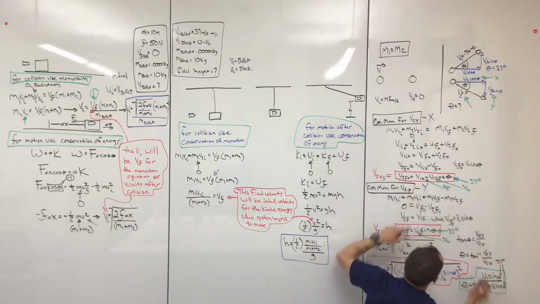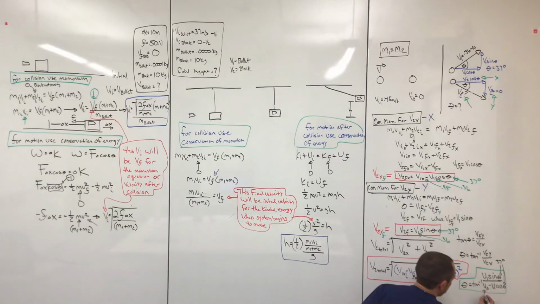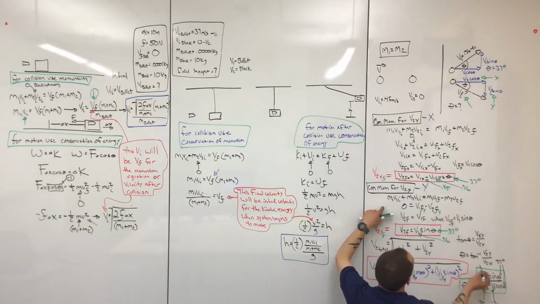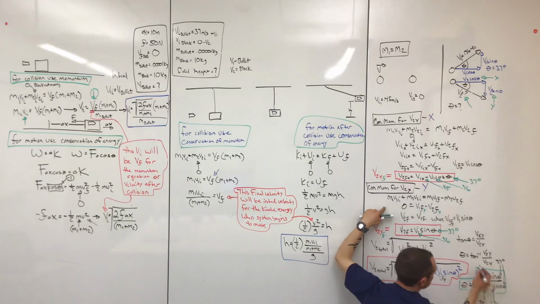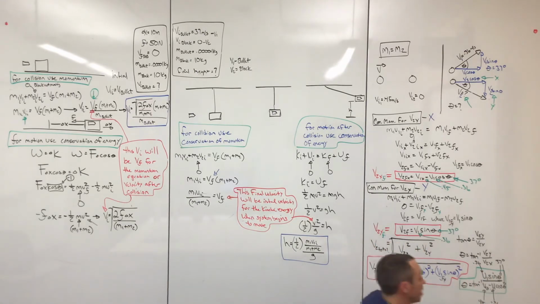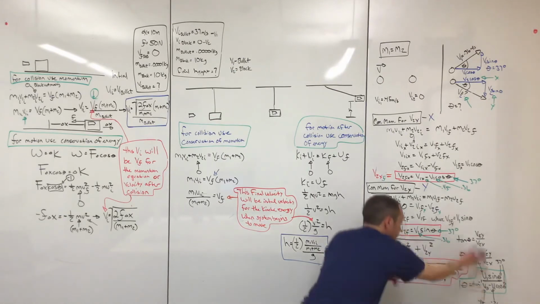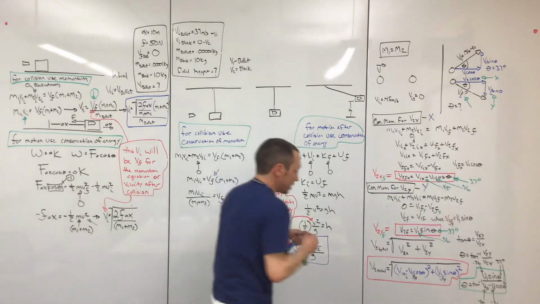The numbers are here: 0.45, this one is 0.36, and this one is 0.36. So those are the numbers that go in there. So there you go. There's everything you need. That's the direction it goes.